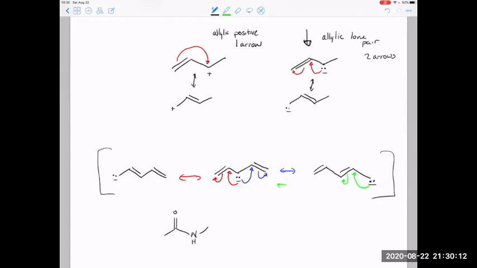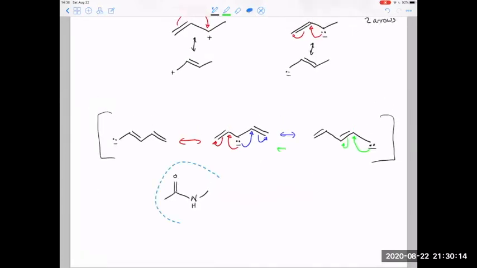These are actually one of the functional groups that you should be able to recognize too. Hopefully, just to quiz you on that, that's something you remember from the functional groups. This is an amide. Okay. And yes, absolutely. So this is, again, this allylic lone pair pattern. Okay. So sorry, what was your specific confusion?